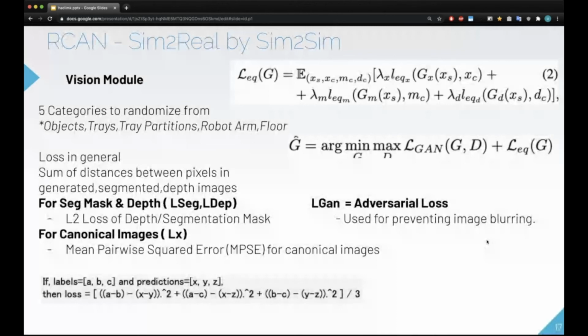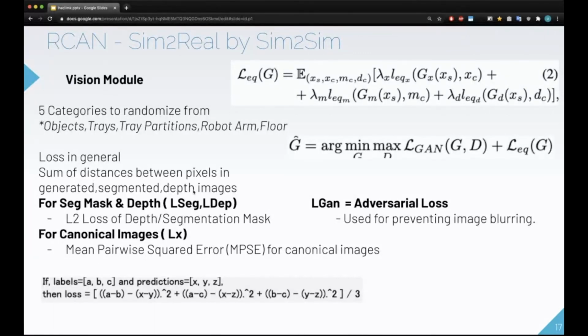So we're just going to skip over this. I think time might be an issue, but I am probably going to share the slides with you so you can check later. But basically you have four types of loss. For the segmentation and depth, you are using an L2 loss, which is the difference between the pixels for the realistic image and the simulation image.